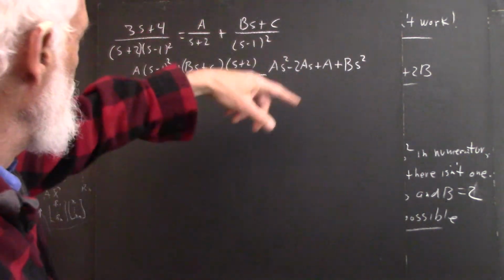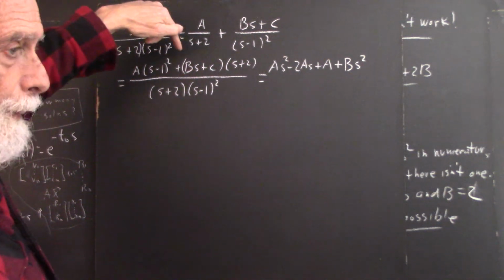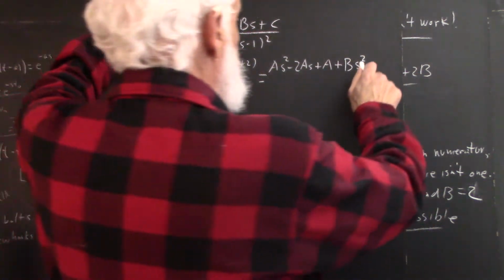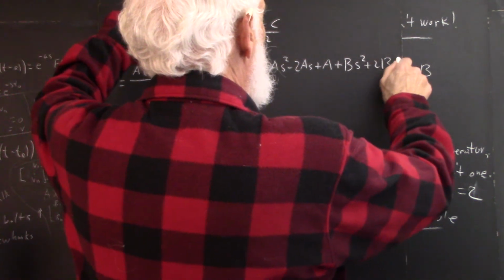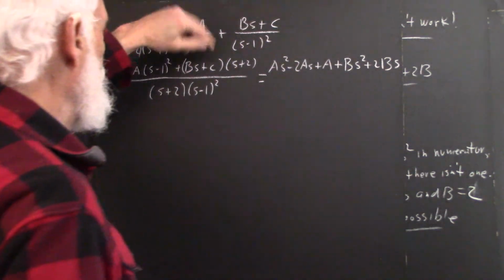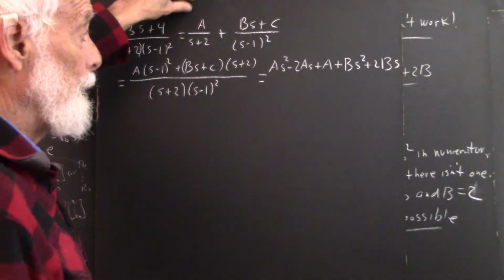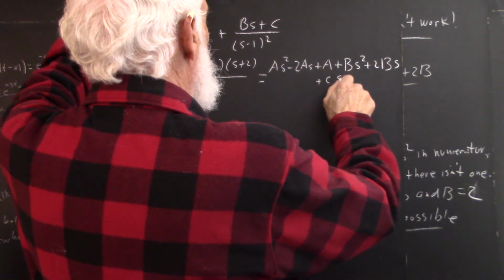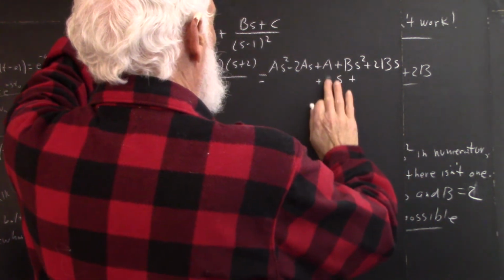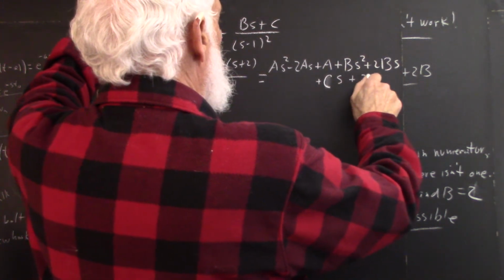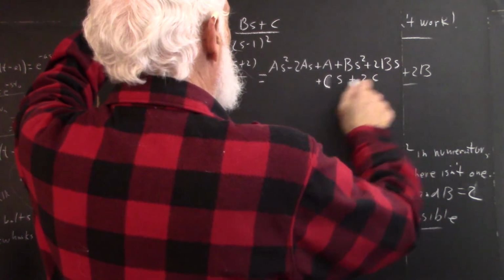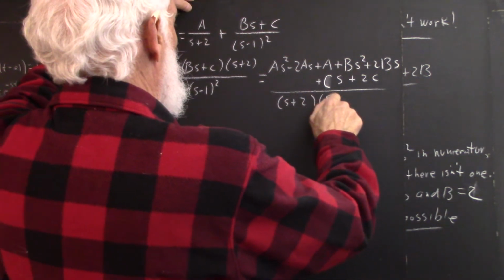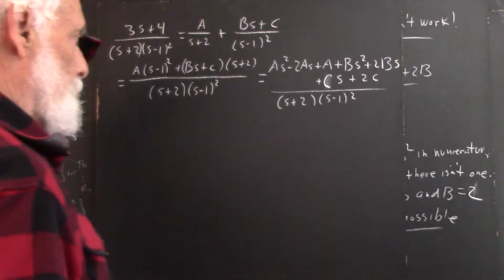And I'm not going to have room to write this, I'll have to fudge a little bit. Right? And then we're going to have BS times 2. And then we're going to have C times S. Make that a bigger C. And then plus C times 2 over this.